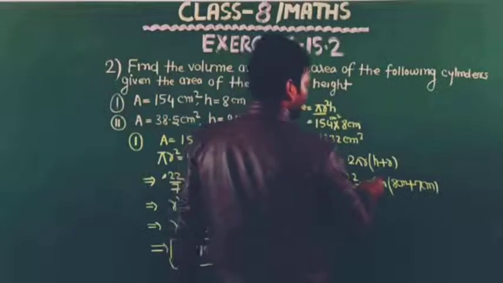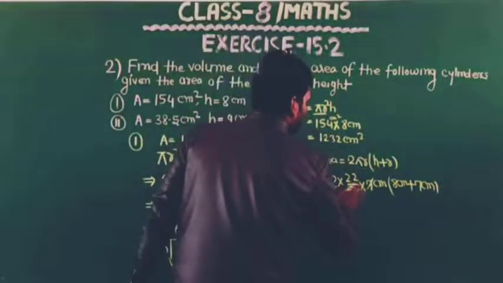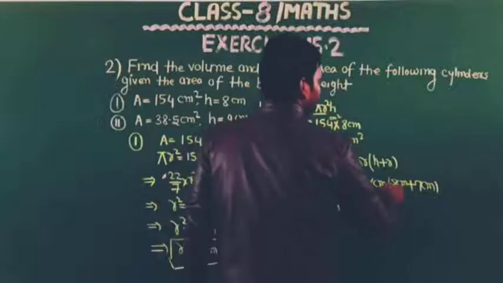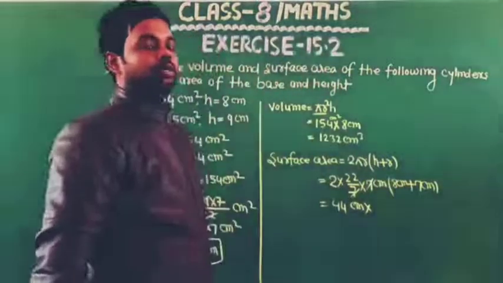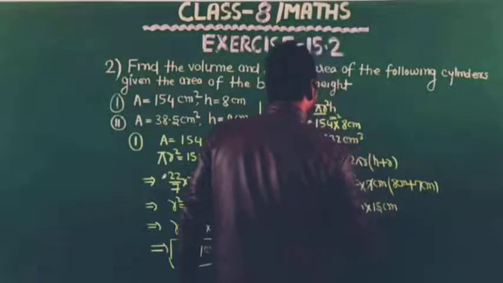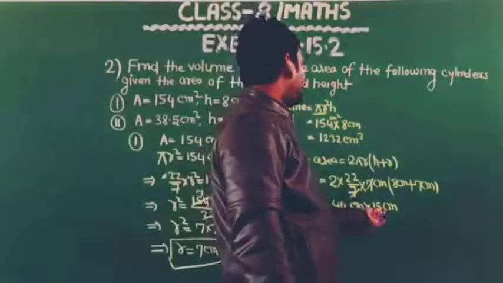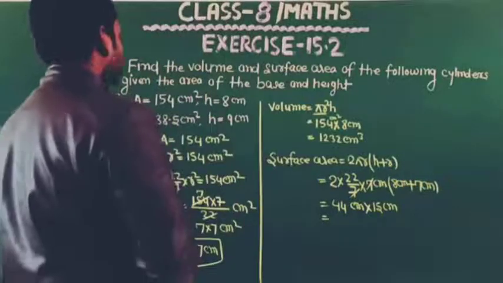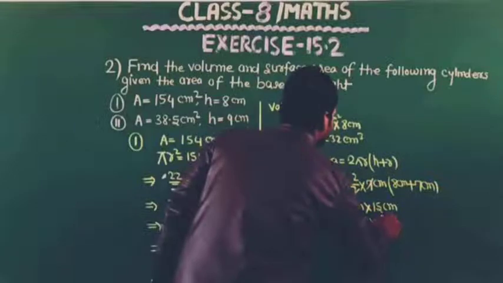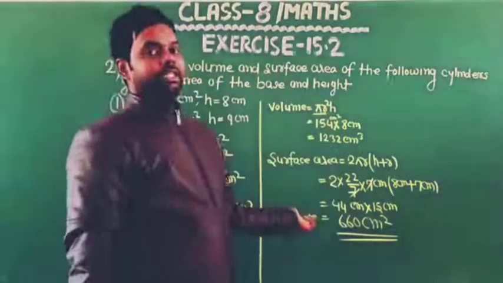Here we can cancel 7 in the numerator and denominator. Now multiply 2 into 22, so we get 44, and multiply 44 by 15 centimeter. So we will get 660 centimeter square. This is the total surface area of the cylinder.